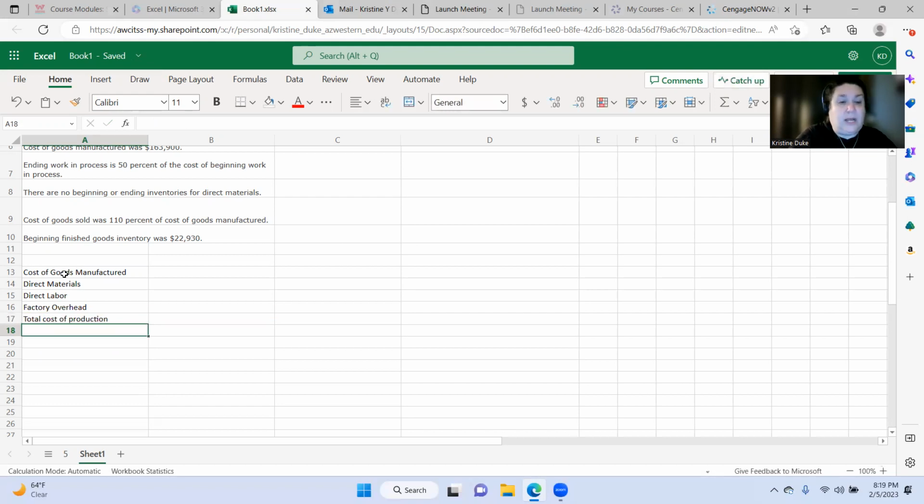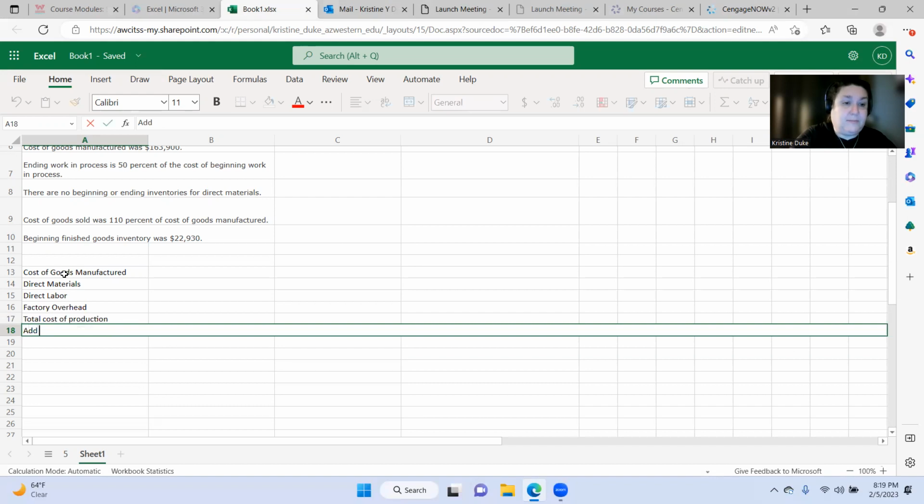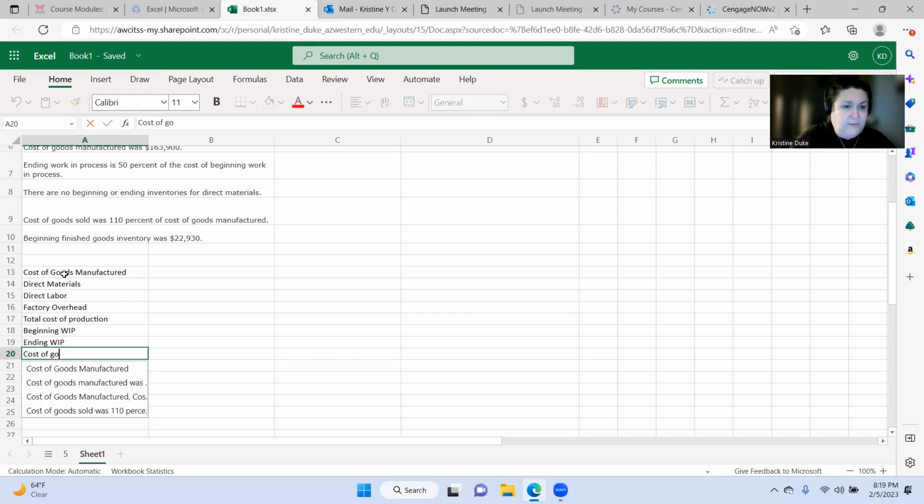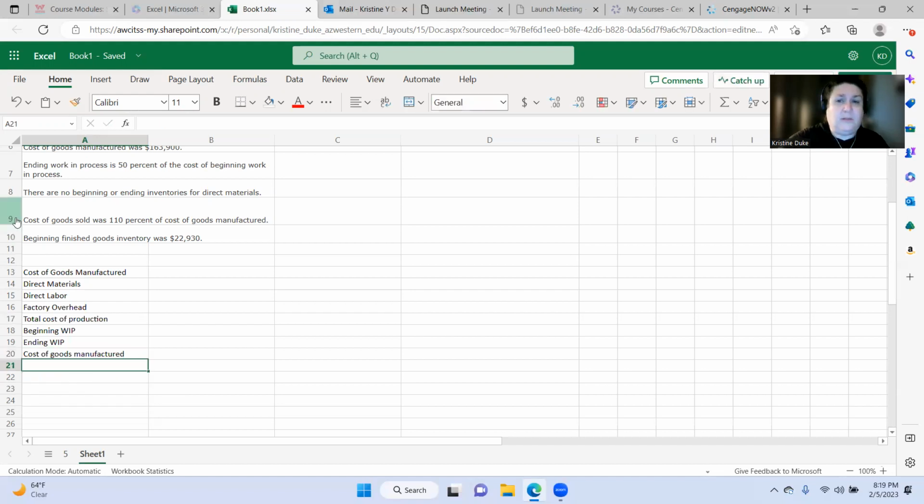Okay, then we're going to add, well, I'm just going to put beginning inventory WIP, and I'm going to put ending WIP, and this is going to give us our cost of goods manufactured. Yay!